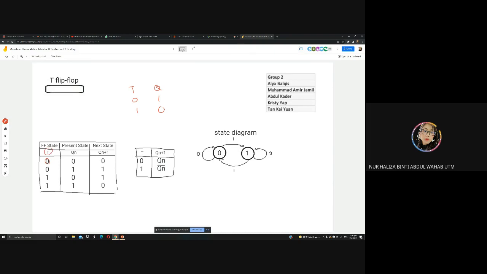If your T is 0 here, why doesn't it toggle? I also forgot about your T flip-flop, but I think it's toggle. Let me check how you get this. If it's 1 here, your present is 0. Why didn't it toggle?